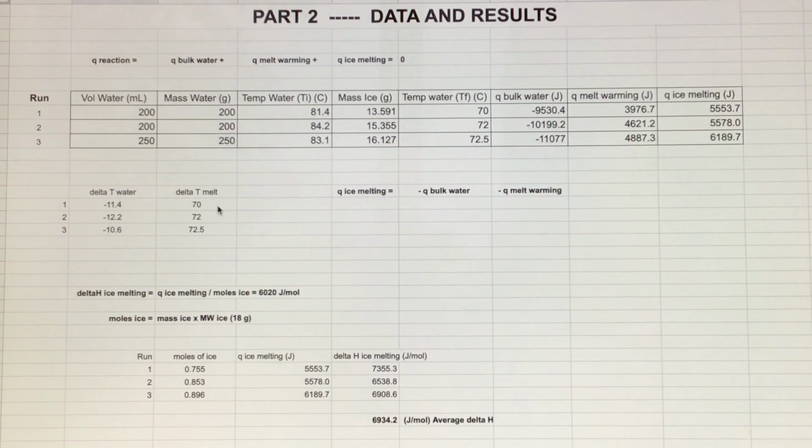On the other hand, if the initial temperature of my melted ice cube was 0 degrees, and now the final temperature is in the order of the 70s, then the delta T, T final minus T initial, which was 0, is a positive value.